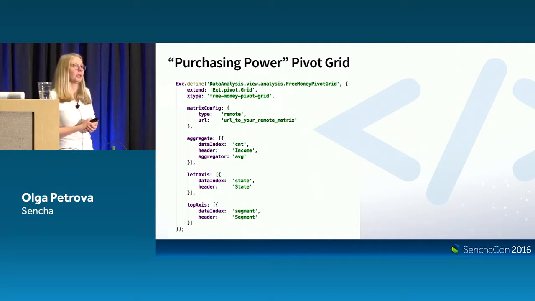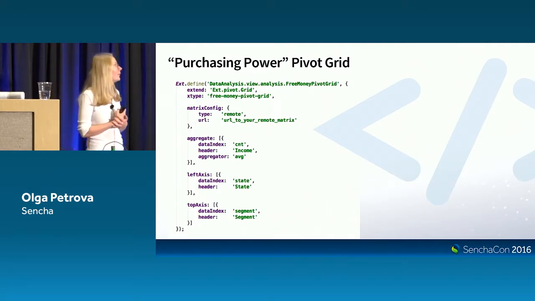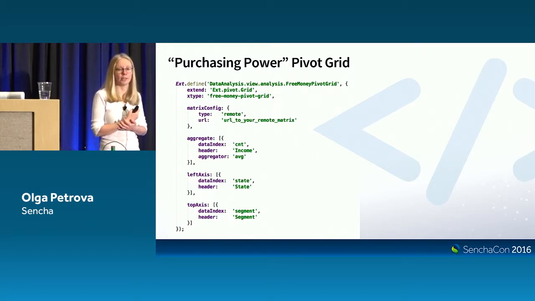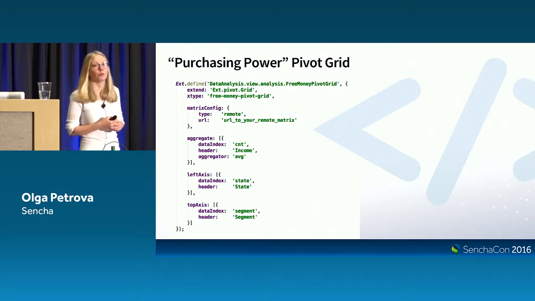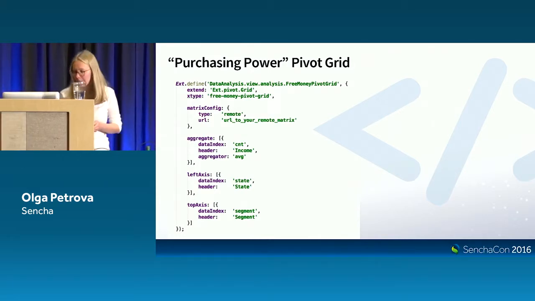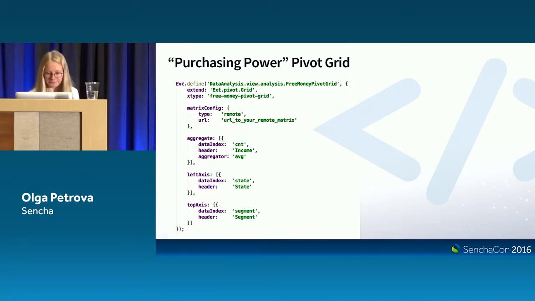But if you need to aggregate huge data sets like mine, you may need to choose remote calculation, where data will be aggregated on the server. Of course, for this case, you would need to develop web services that will aggregate your data, but Sencha provides a PHP example for such kind of aggregation. I have used it in my application. So, example.